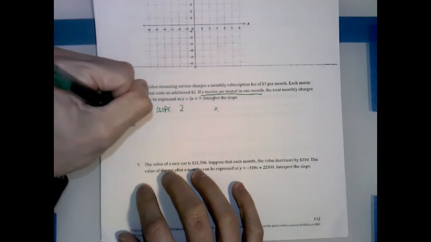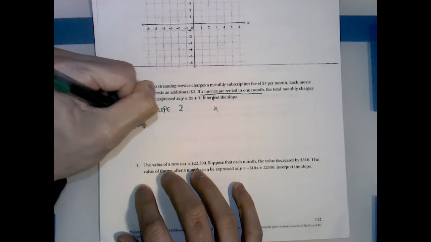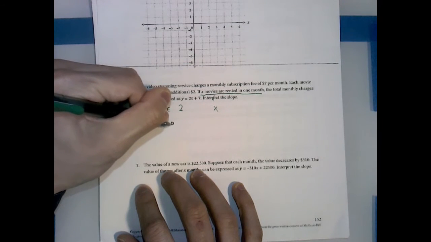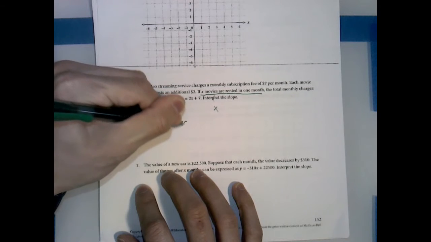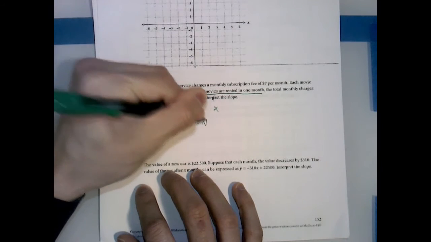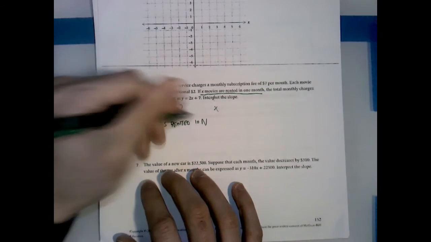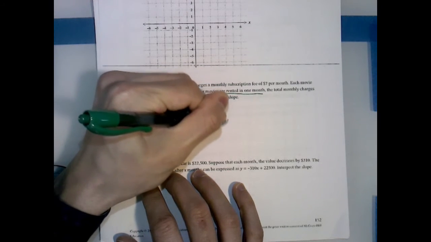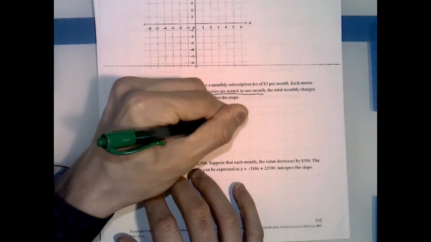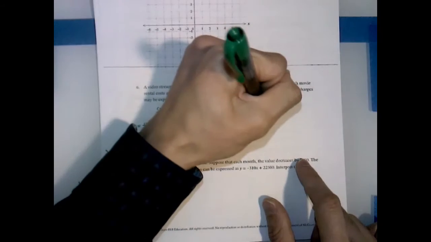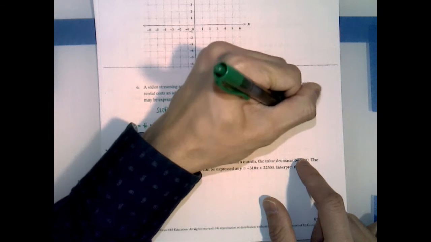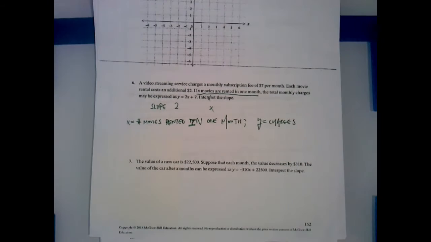So x is the number of movies rented in 1 month, and y is the charges. Sorry, my hand's in the way here.